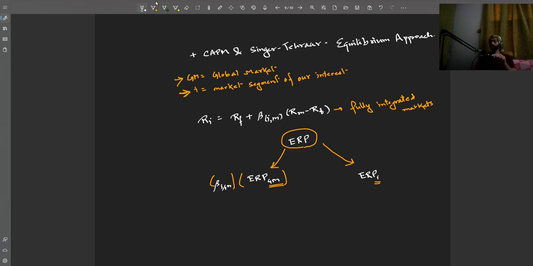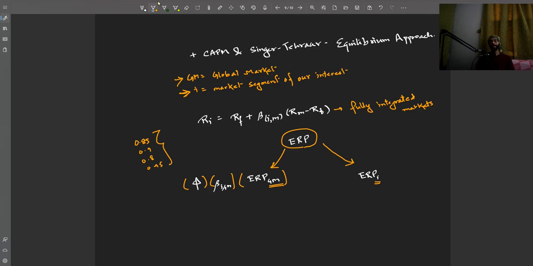Then you multiply this with another factor, which is the level of integration. The level of integration is given by this symbol, it's called phi, the degree or the level of integration. Let's say it is highly integrated, then this value will be close to 100% or close to 1. It can be 0.85, 0.9, 0.8, 0.95, like that.